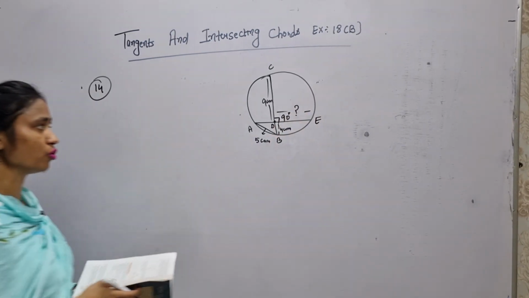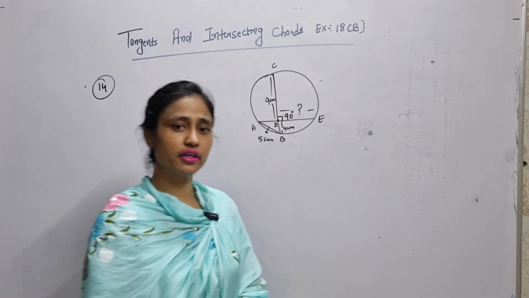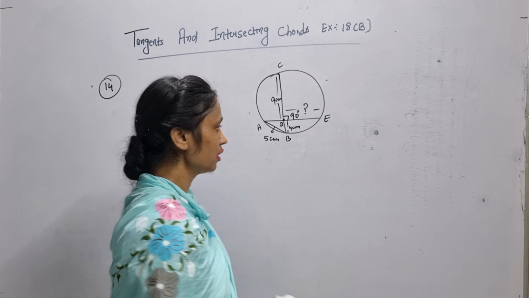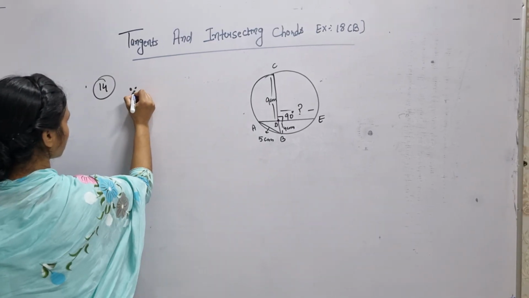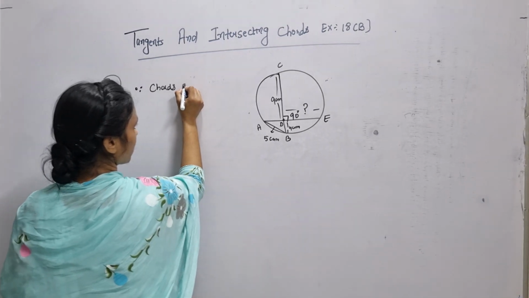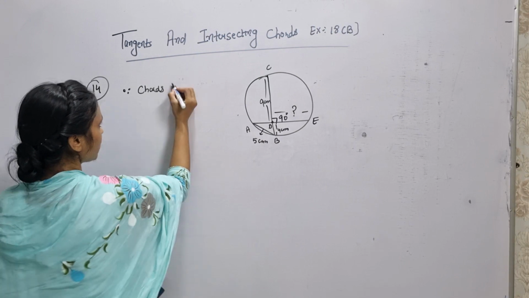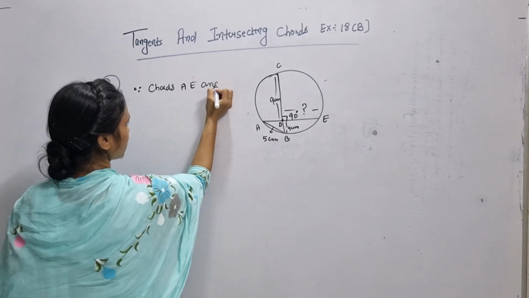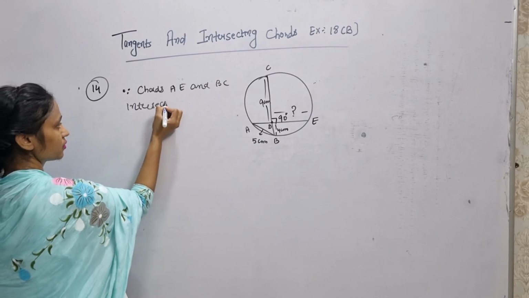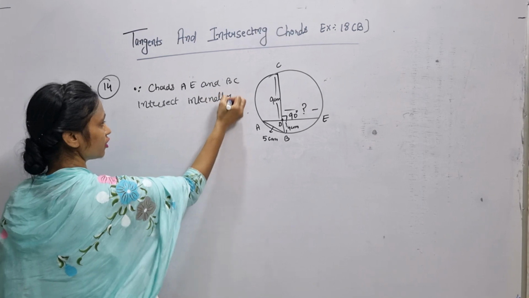Very simple. Here the chords are intersecting internally, so we can write: we know that the product of the segments of the chords will be equal. Because chords AE and BC intersect internally, then what would happen?